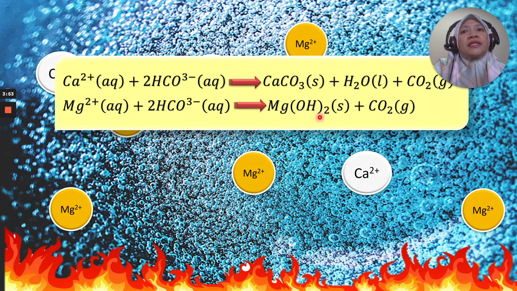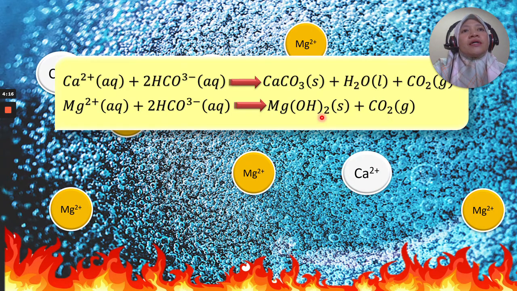For the reaction of calcium with bicarbonate ions, it will also form water molecule and carbon dioxide. While for magnesium combined with bicarbonate ion, it will form magnesium hydroxide and carbon dioxide.